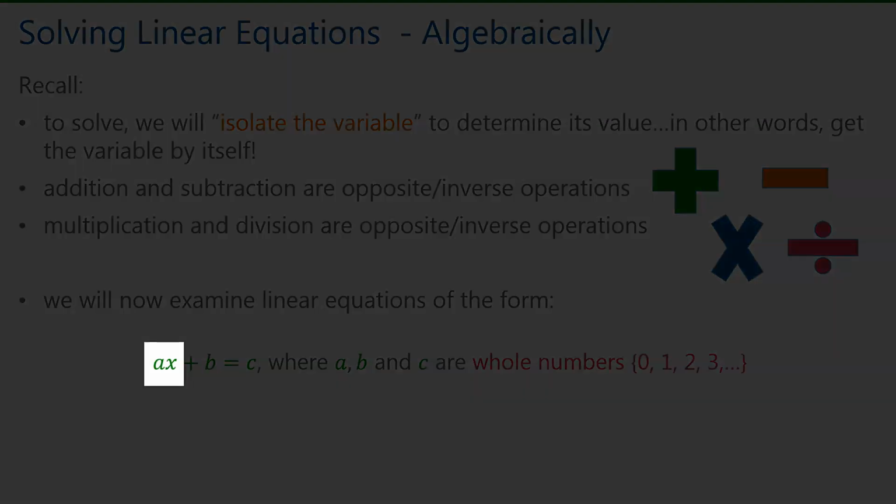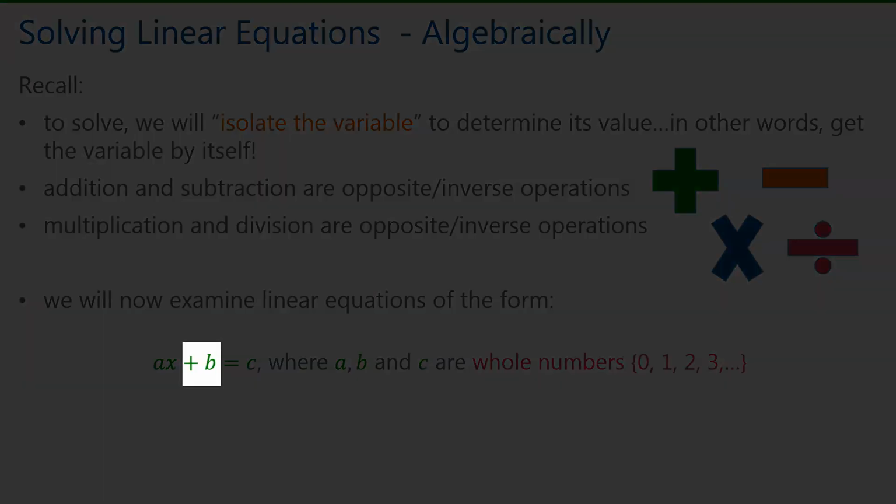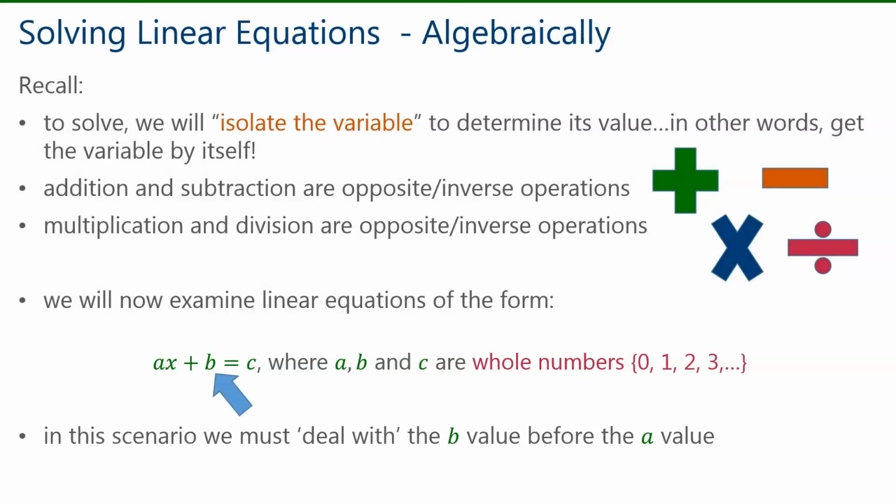The ax indicates a multiplied by x. The plus b indicates addition. So in this scenario, we must deal with the b value before we deal with the a value. This idea will become clearer when we look at a few questions.